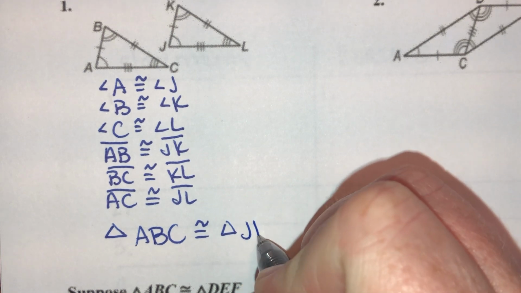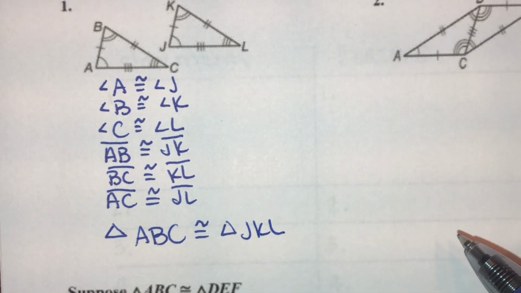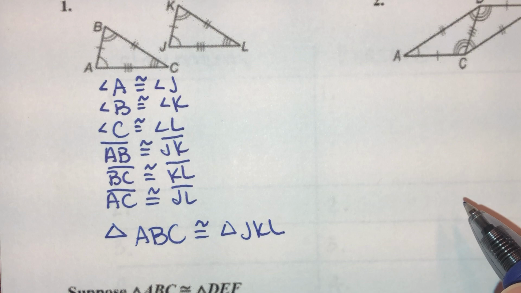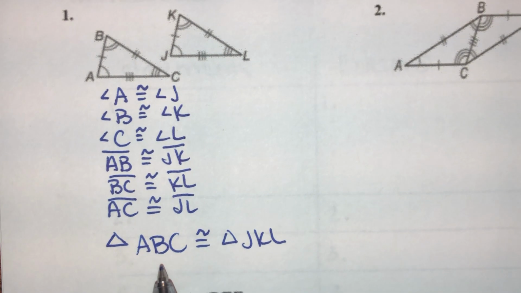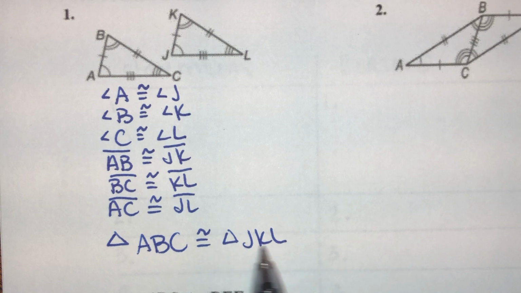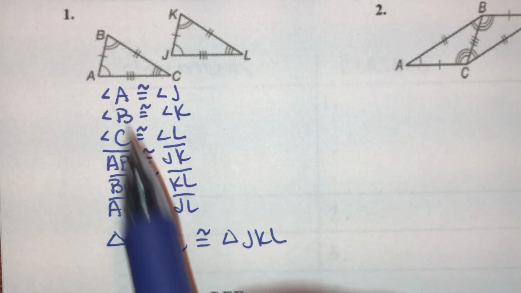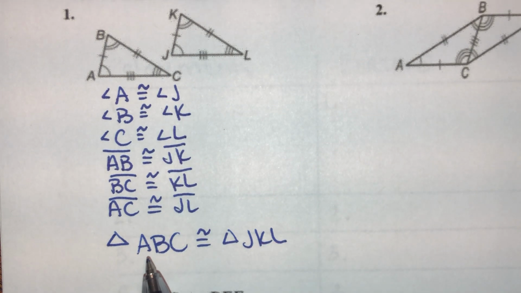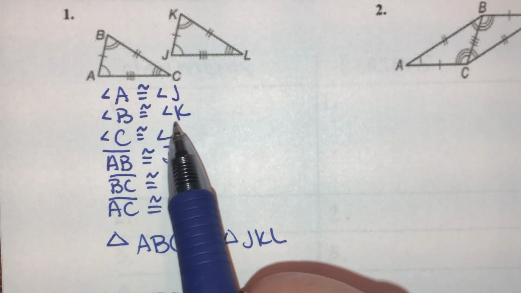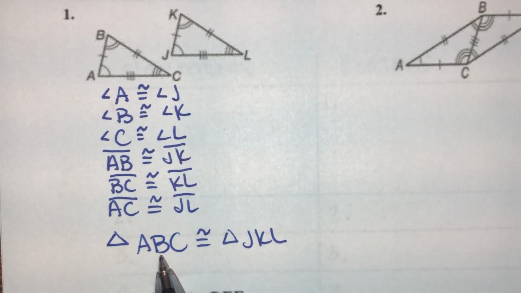Now it seems like I'm just naming my 2 triangles and it doesn't matter how I name them, right? Well, it actually does matter how I name them. Whatever order you put the first triangle in, you have to put the second triangle in corresponding order. So since A and J are corresponding angles, if I wrote A first here, I have to write J first here. Since B and K are corresponding, if I wrote B second here, I have to write K second here.